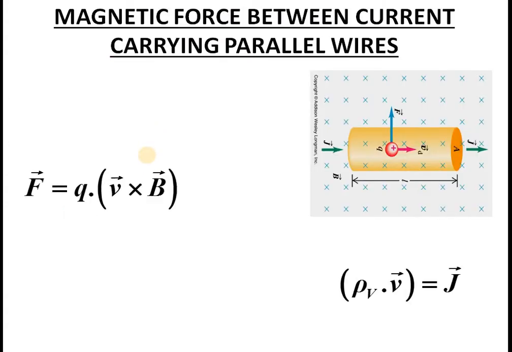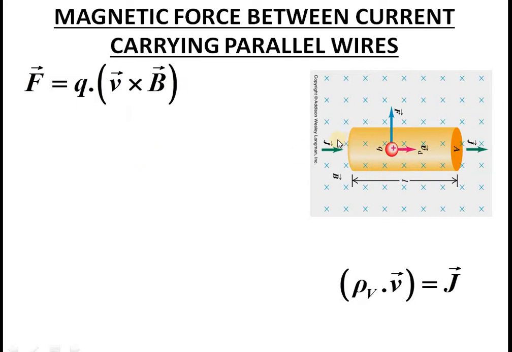For that, initially you take a piece of wire. This is a small segment of a wire, as you can see in the figure. It contains plenty of charges, and the wire piece is kept in a magnetic field.